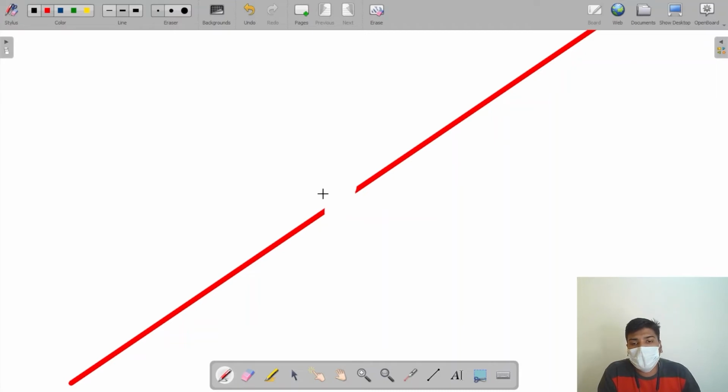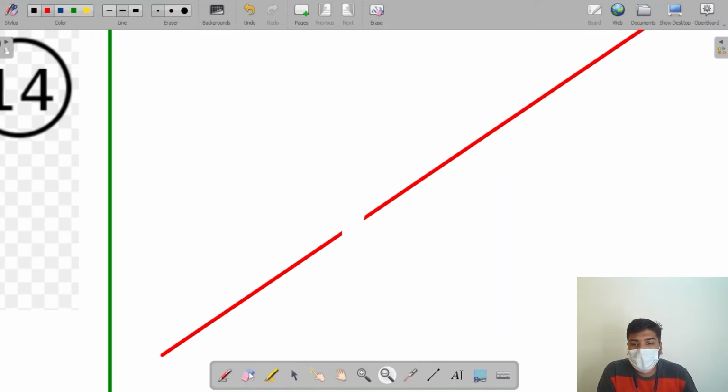Okay, I'll zoom out again. I'll just simply mark the points. See, earlier it was here, right? This point is being shifted to this, and this point is being shifted to this one. So the graph will look like this.